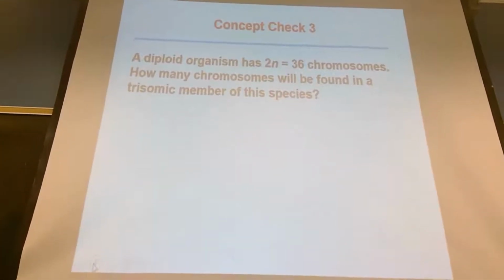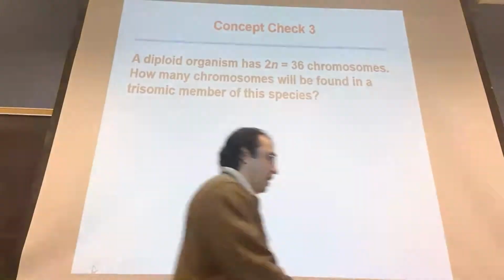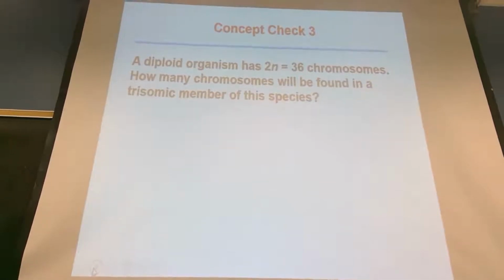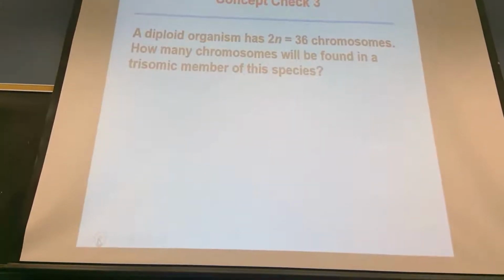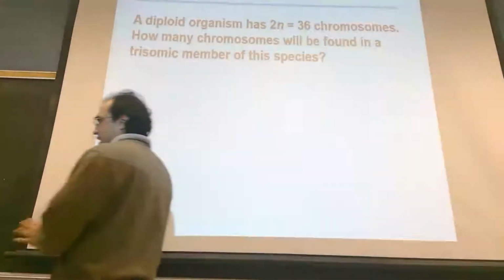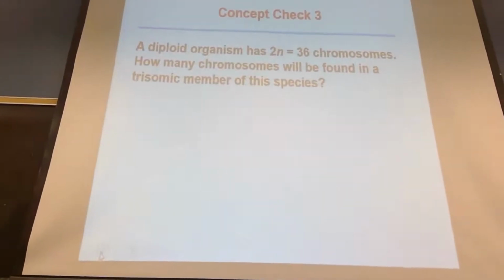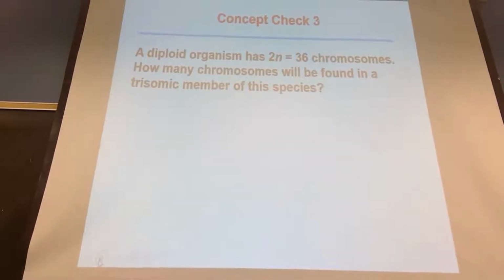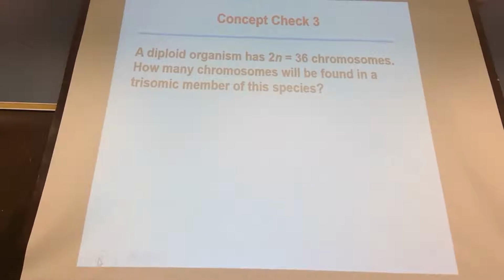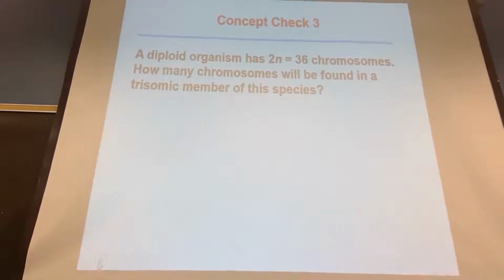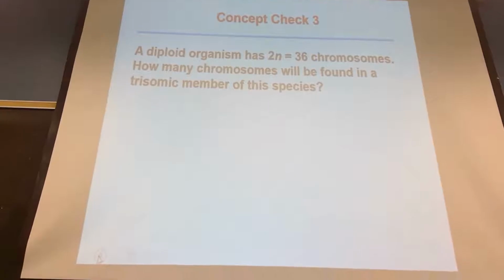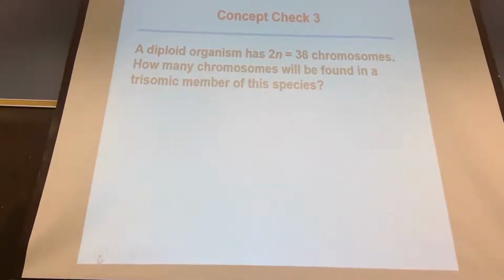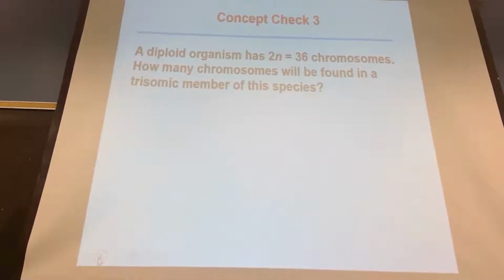So what is the answer of this? Just very simple. When 2n is equal to 36, what will be in the trisomy? 37, or 18 into 3?